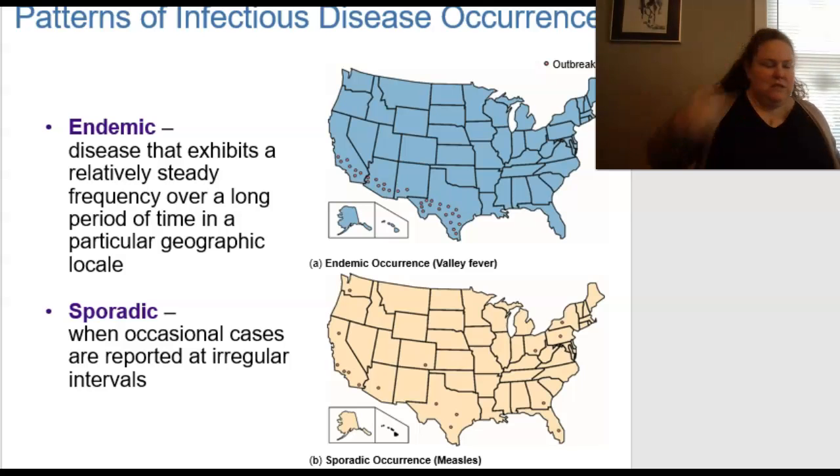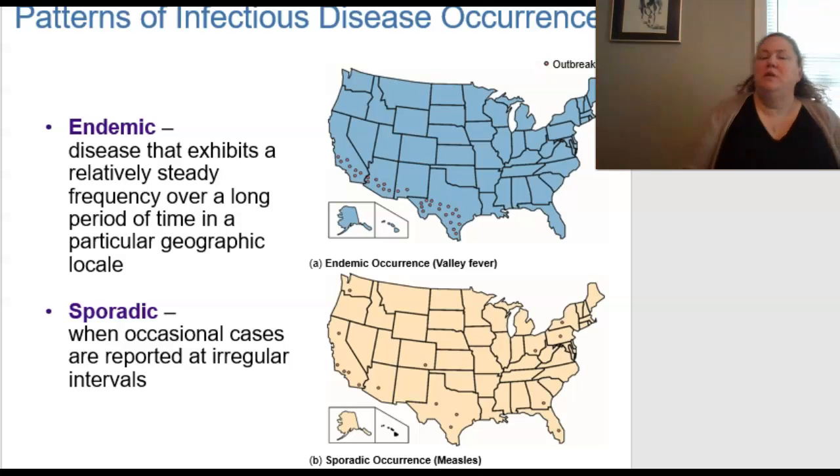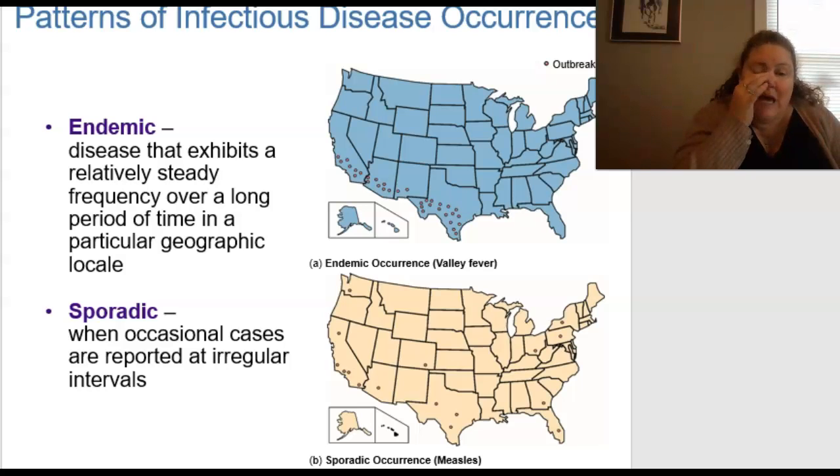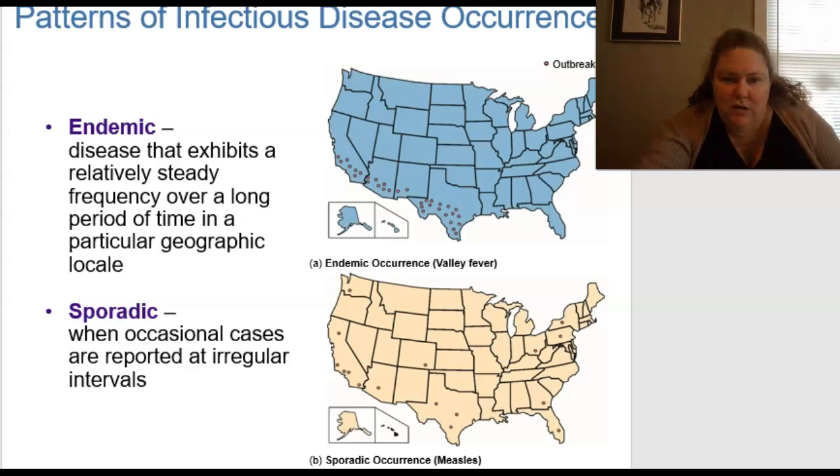So this is figure 13.21, and these are the patterns of infectious disease occurrence. We would have endemic, and this is a disease that exhibits a relatively steady frequency over a long period of time in a particular geographic locale. So you can see this would be like in the coastal states. You have sporadic, and this is when occasional cases are reported at irregular intervals.